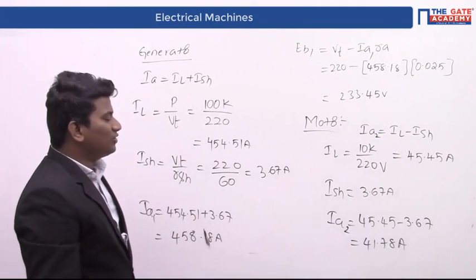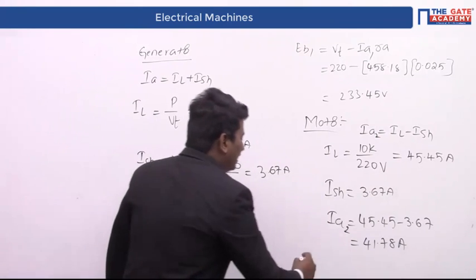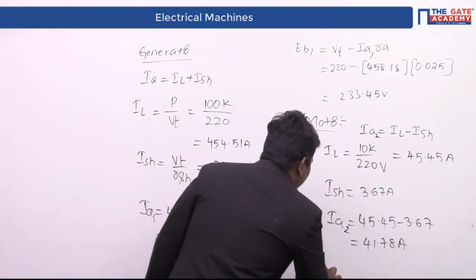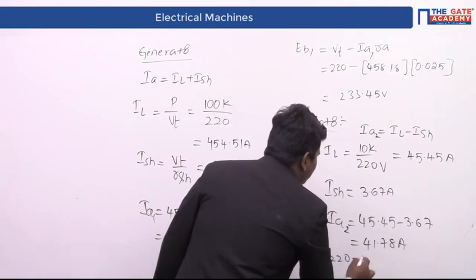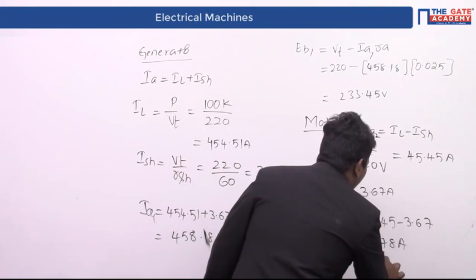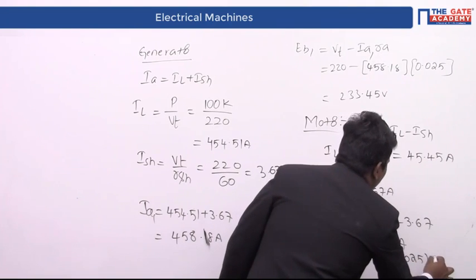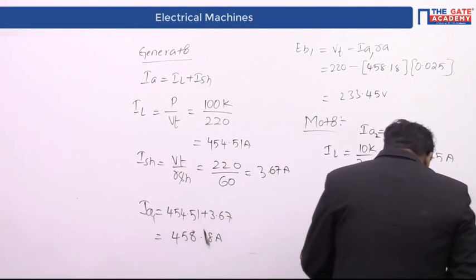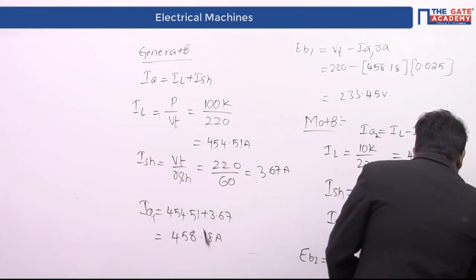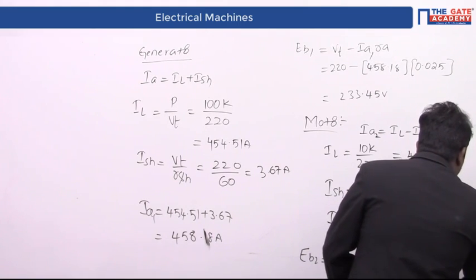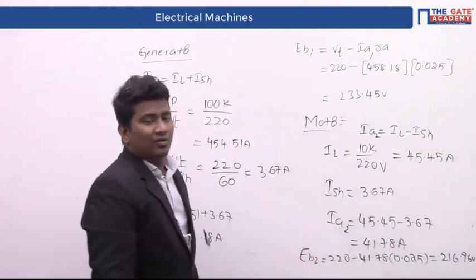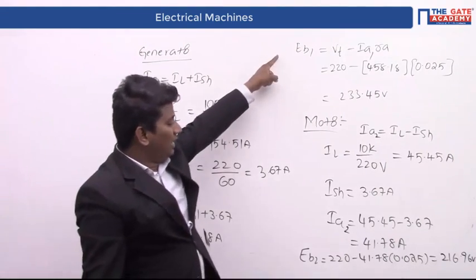Now what is your EB2? EB2 is equal to 220 minus 41.78 into 0.025. What did we get finally? EB2 is 216.96 volts. So finally we have found EB1 and EB2.